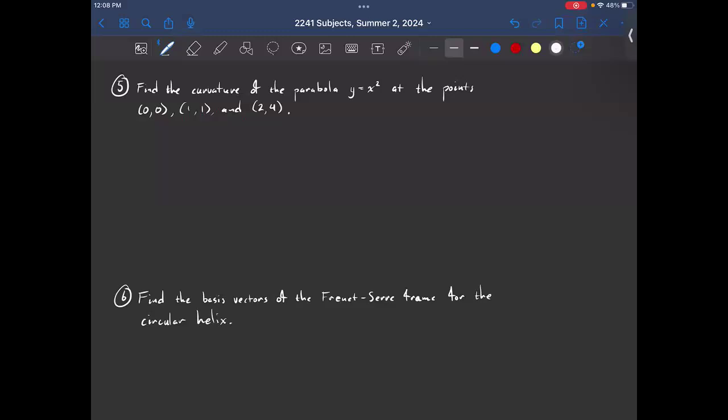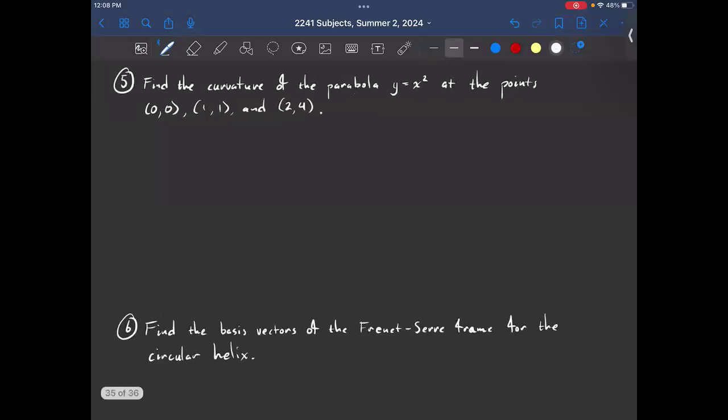Well, there was another formula for curvature, and you can get it from the formula we just used at the end of the last video. But I'm just going to write it down here. So curvature as a function of x for a planar curve. It's in the xy plane.